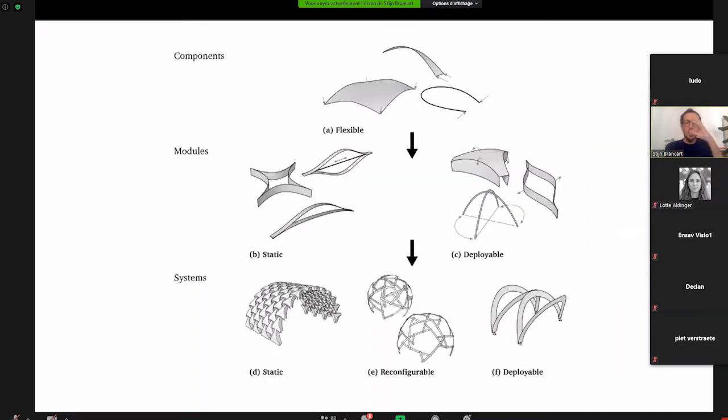So just quickly, the approach for the whole PhD that I did was always starting from these components, but also this component behavior. So it's not just a bar, it's a component that can also deform, so it can also take different shapes. So it's flexible. But then also working with modules, so a very modular approach, where these modules can then be combined in the system, but also recombined, not always, but in many cases.